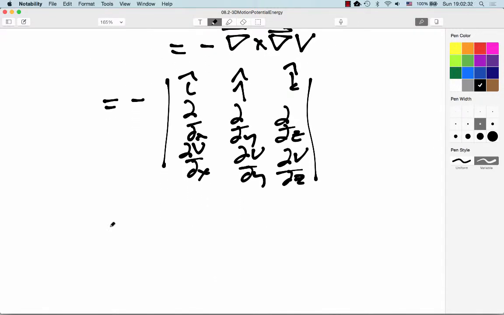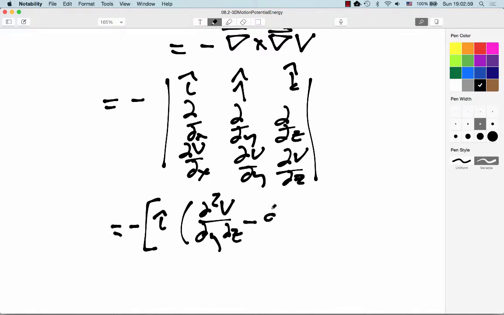All right, so let's go ahead and take that derivative. So that's the negative of, let's get the i hat part: partial y of partial V partial z, minus partial z of partial V partial y. We write those as partial squared V partial y partial z, minus partial squared V partial z partial y.